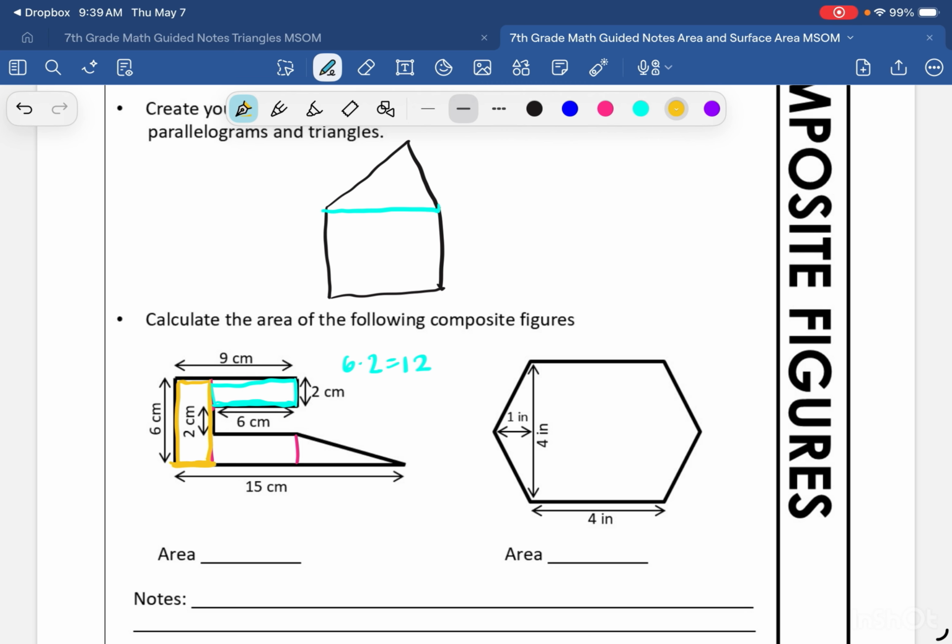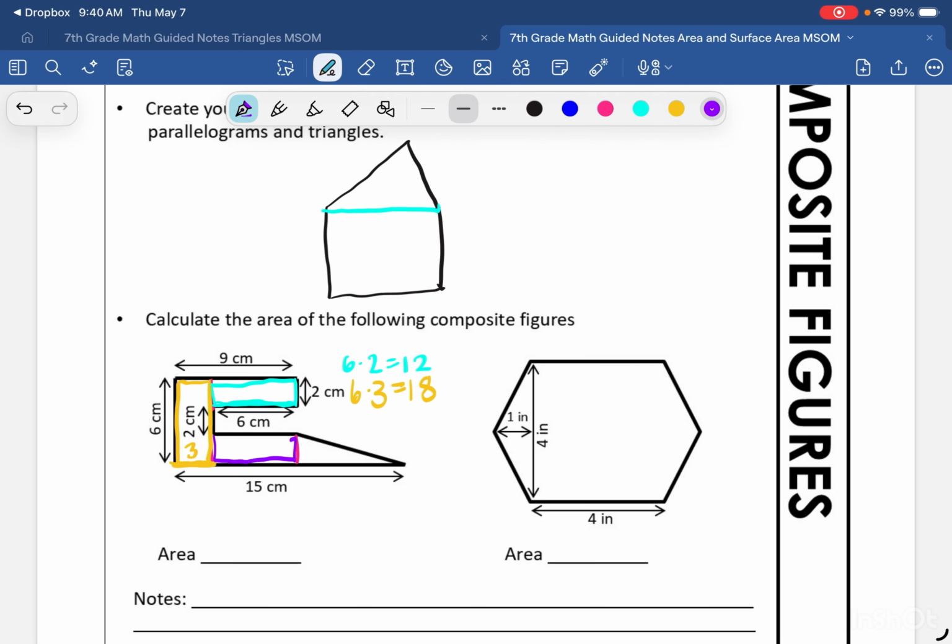But let's see how I can figure that out. I know that this here is 9, and I know that this is 6. Therefore, this section right here is going to have to be 3, because 9 minus 6 is 3. Now, to figure out the area of that section, I'm going to be going 6 times 3 equals 18.